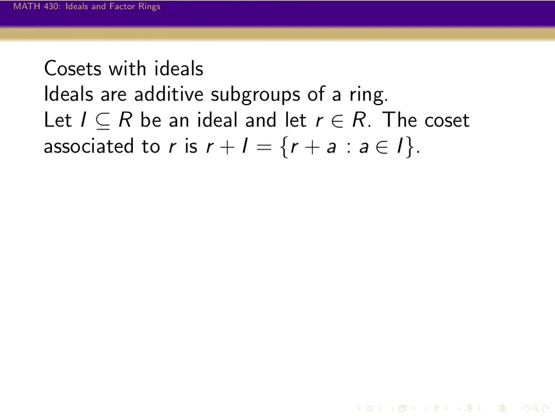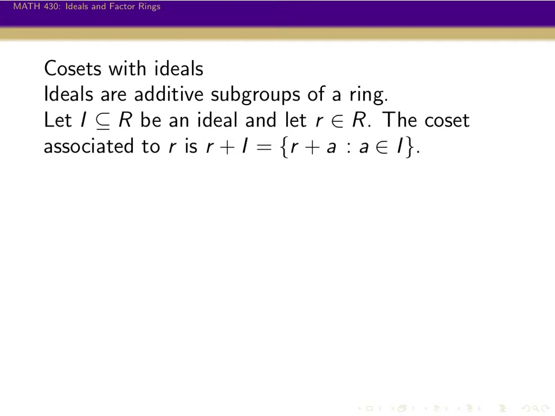If I is an ideal in R, and we take any r in R, then the coset associated to r we'll write as r plus I, which is r plus all the things in the ideal.